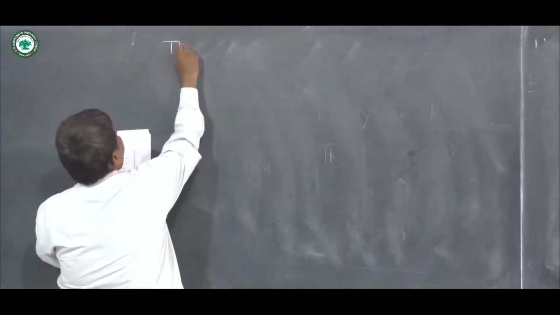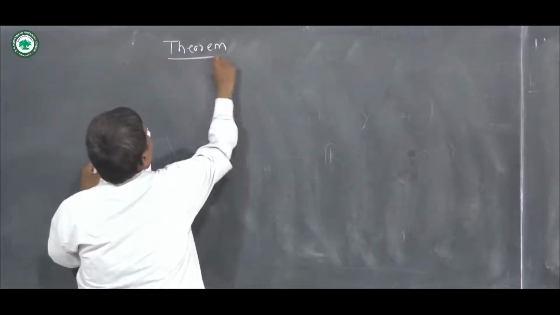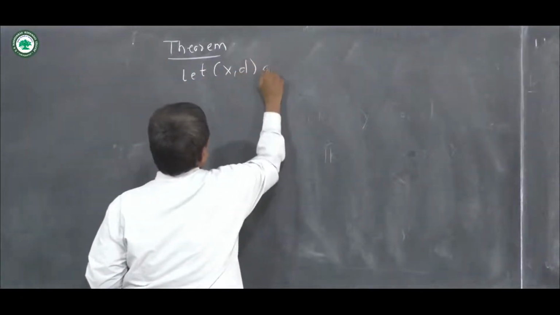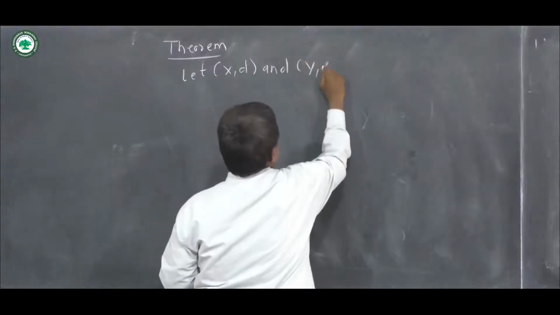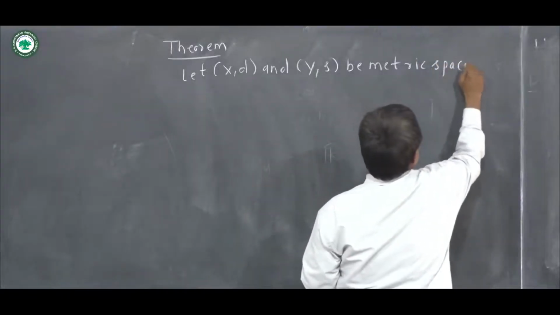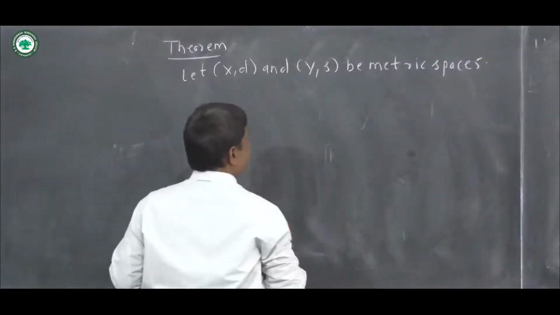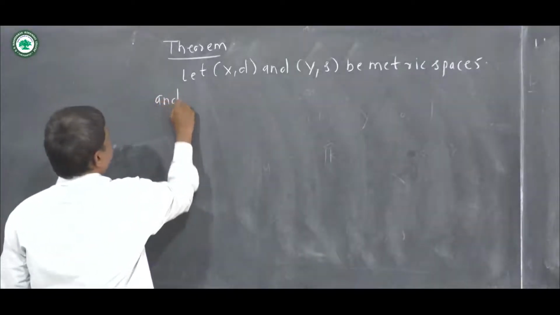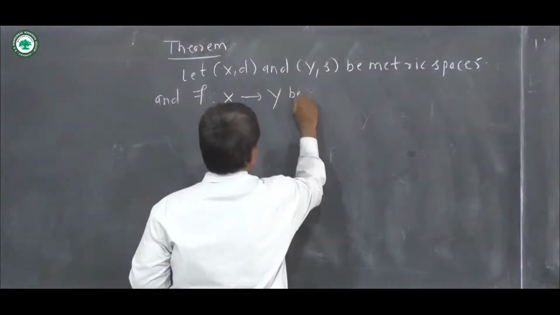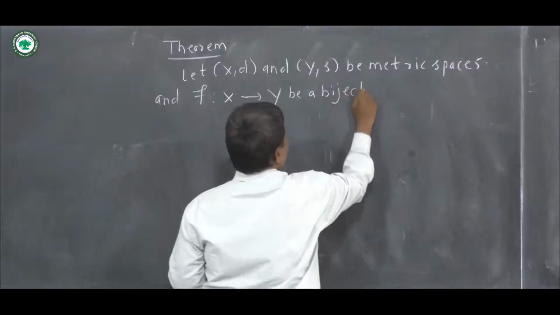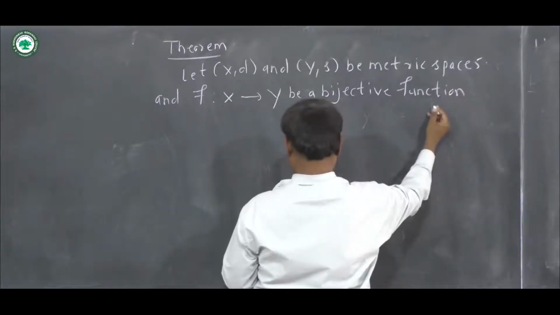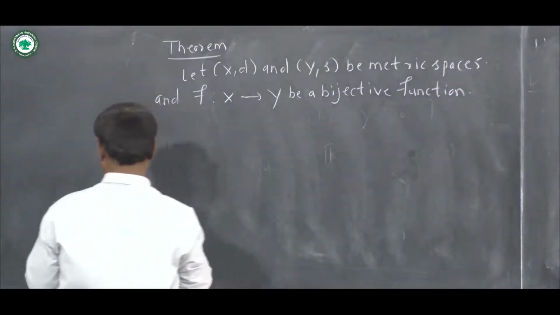So we write here the theorem: let (X, d) and (Y, ρ) be metric spaces and f a function from X to Y be a bijective function, that is, this function is one-one and onto. Then the following are equivalent.